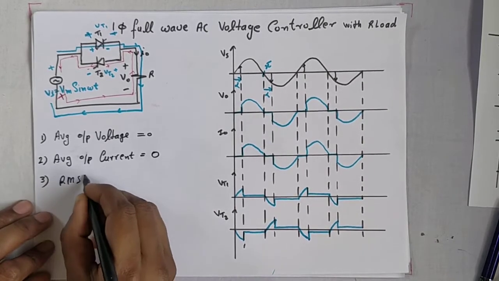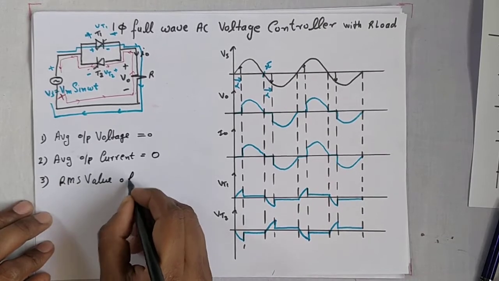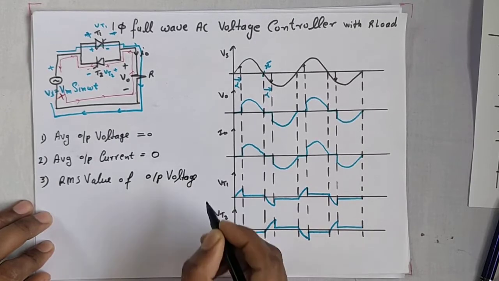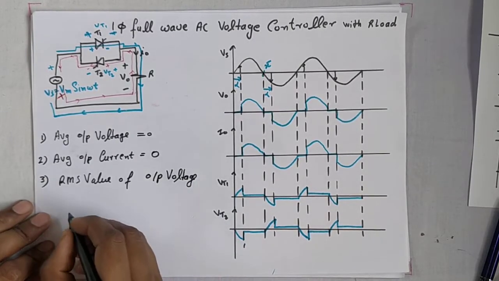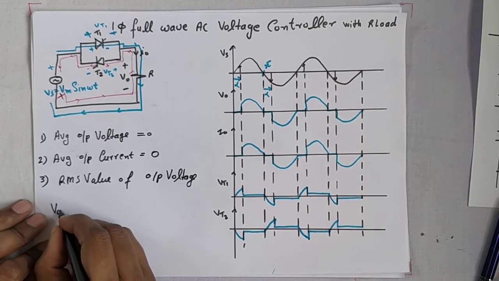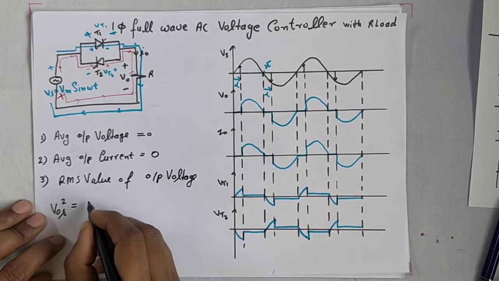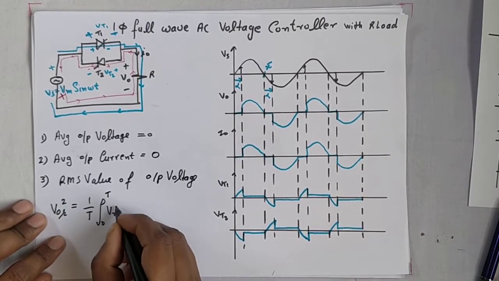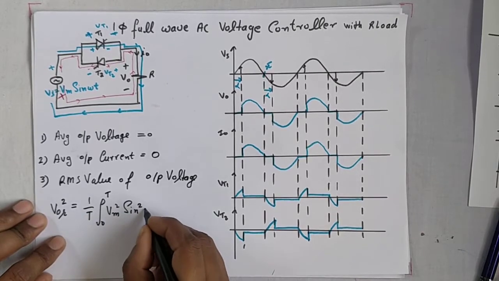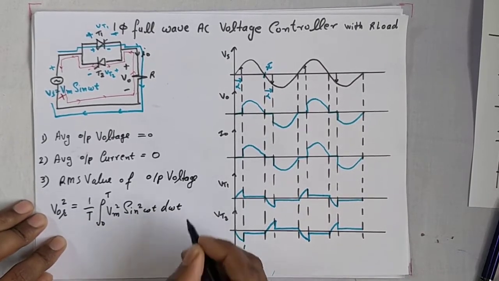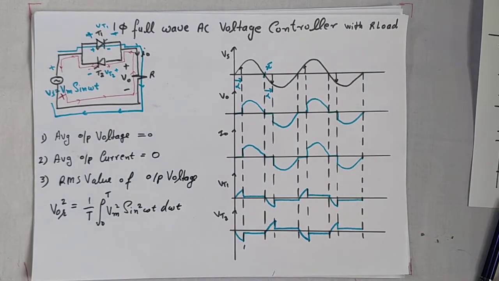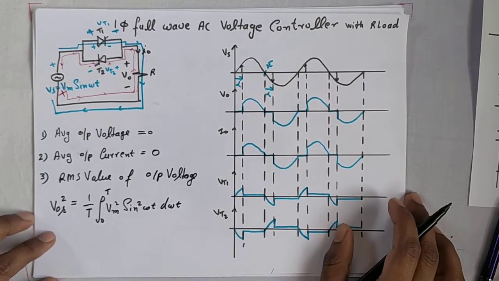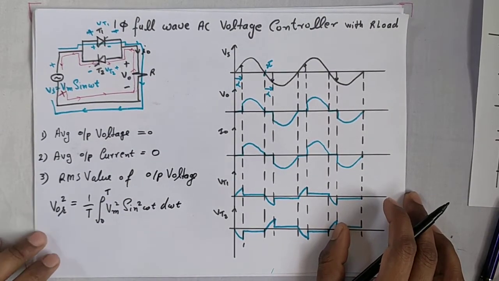RMS value of output voltage. The RMS value of output voltage is, write VOR equal to the square root of 1 upon T, integral from 0 to T of Vm square sin square omega T d of omega T. So this is the way to write the RMS value of output voltage.